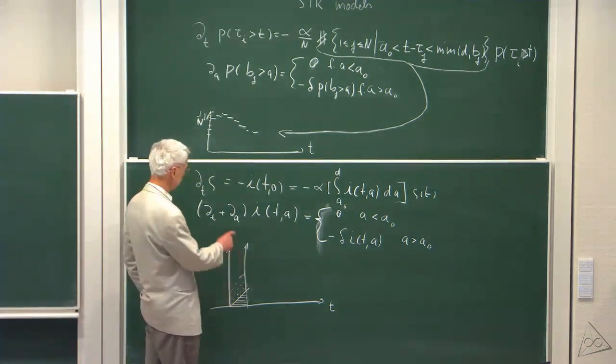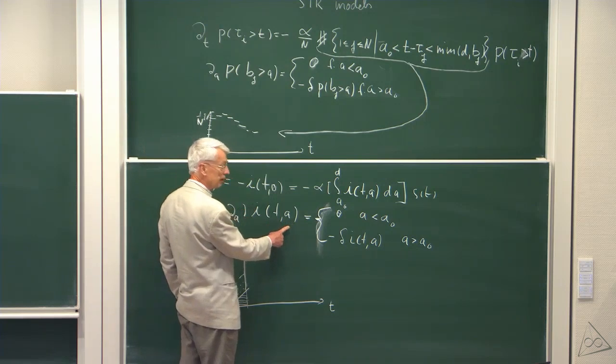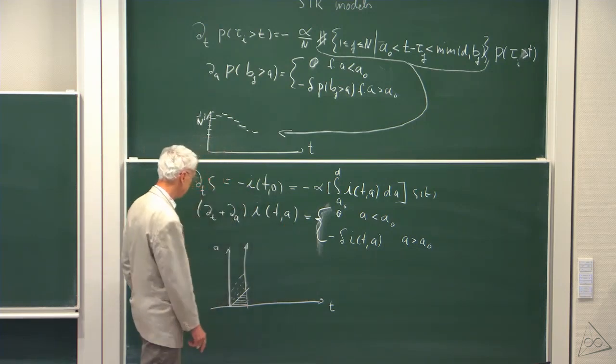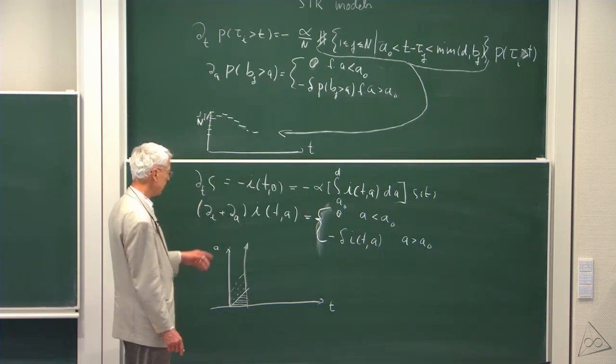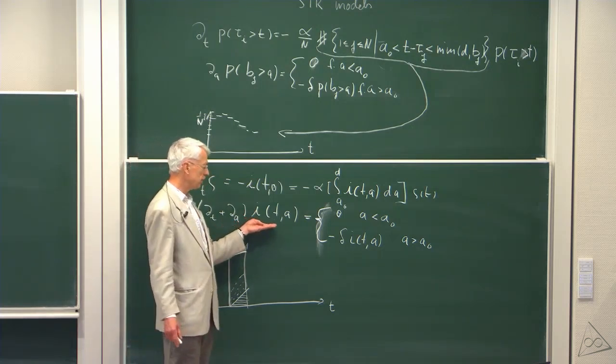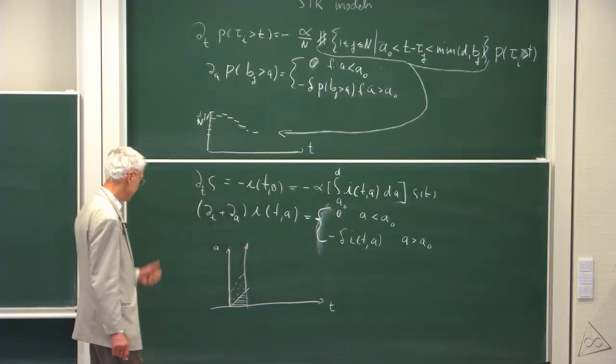It's just a kind of SIR process, but with another parameter A, that we sometimes call the age structure of the population of infectious individuals.